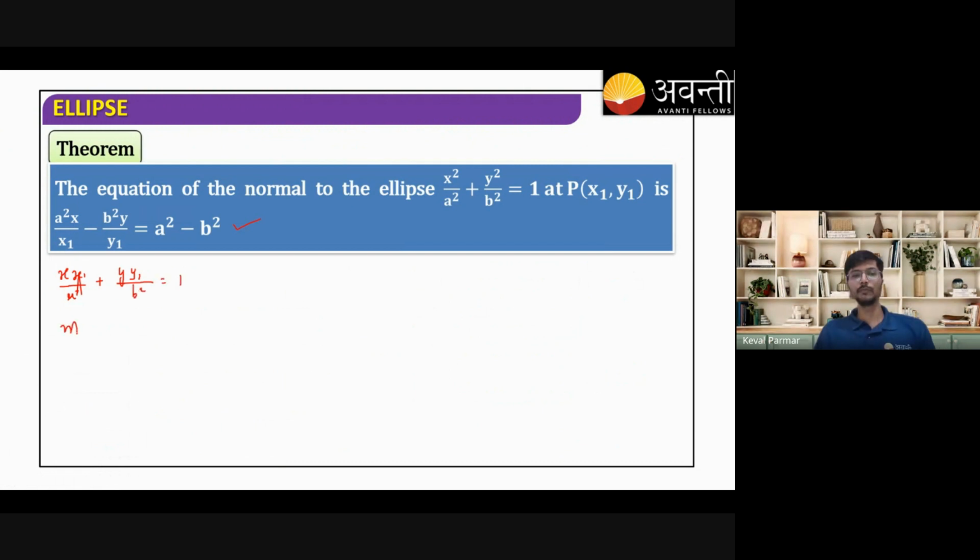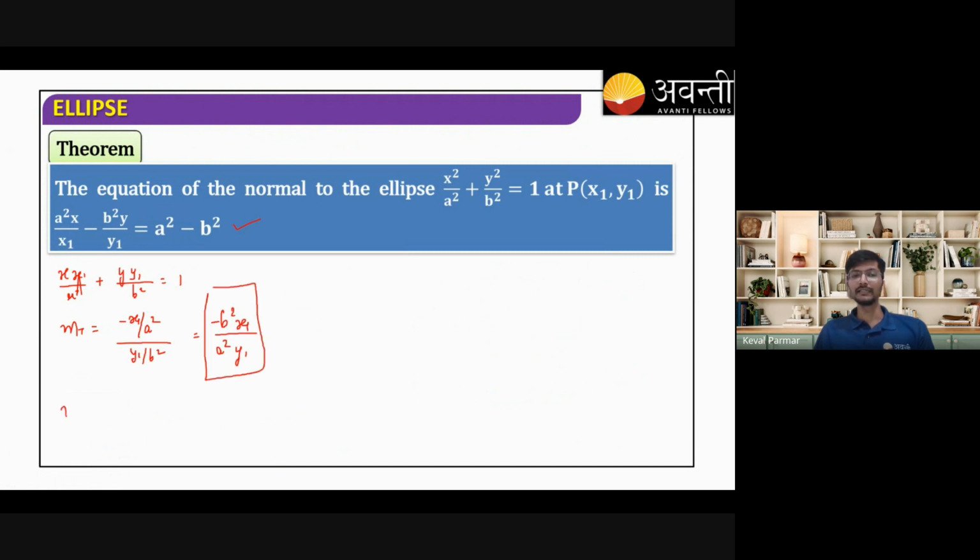What is the slope of tangent? It is minus coefficient of x, x1 upon a square, upon y1 upon b square, which is minus b square x1 upon a square y1. This is the slope of tangent.